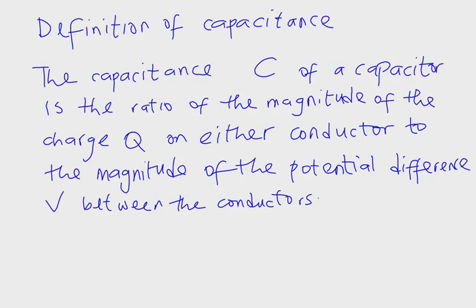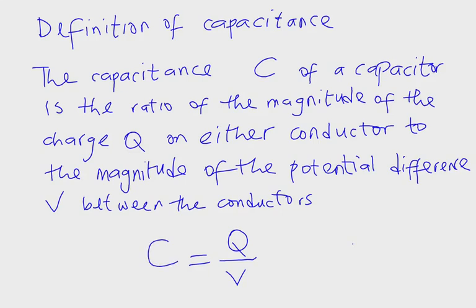So the ratio of that magnitude Q to the magnitude of the potential difference between the conductors: Q over V is C. So C is equal to Q over V.